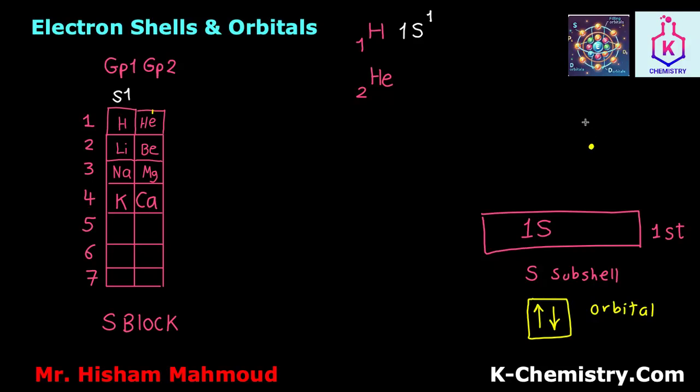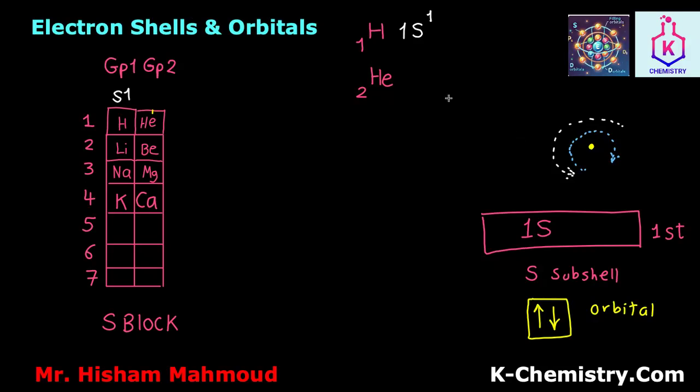This means that this is the nucleus and this is the orbital. One electron will start spinning like that, which is a counterclockwise direction, while the other electron will start to spin like that, which is a clockwise direction. We do this by drawing two different arrows in two opposite ways.